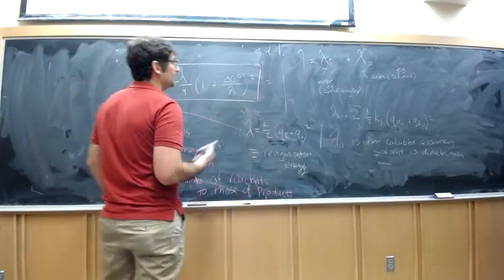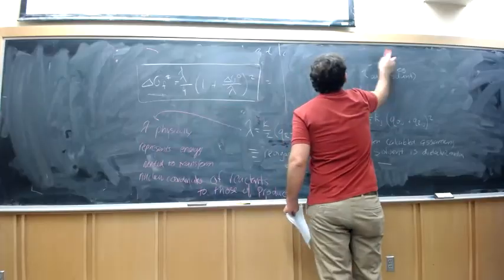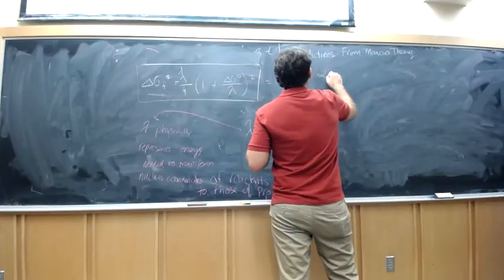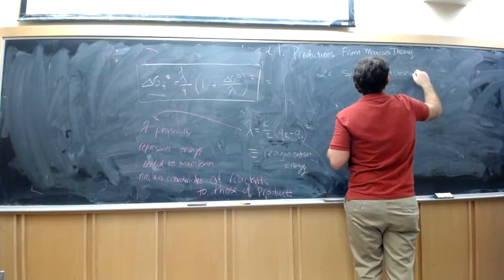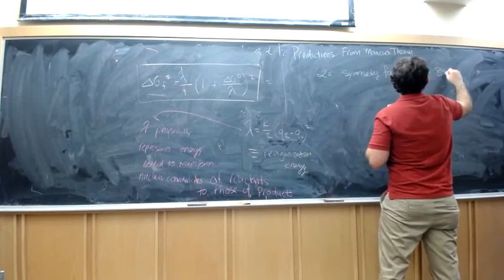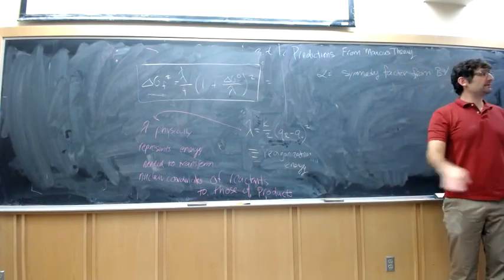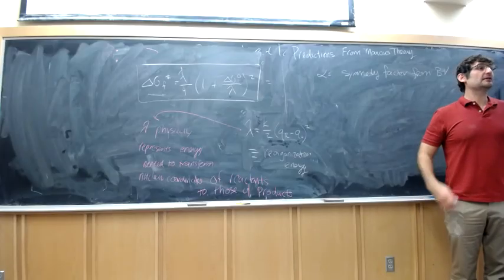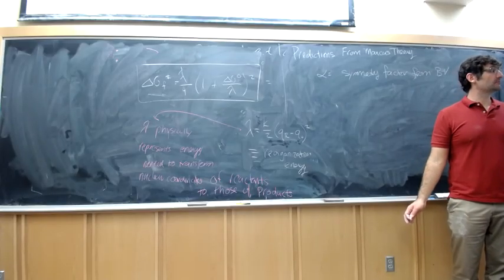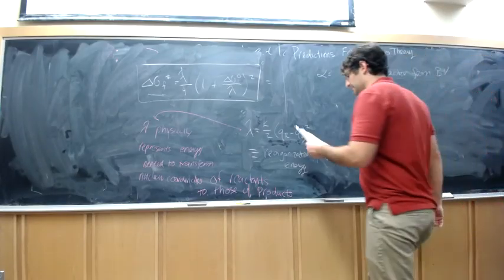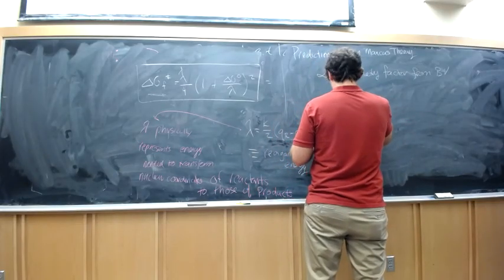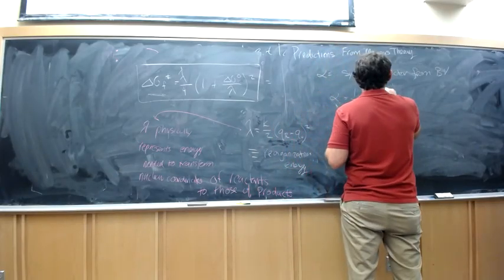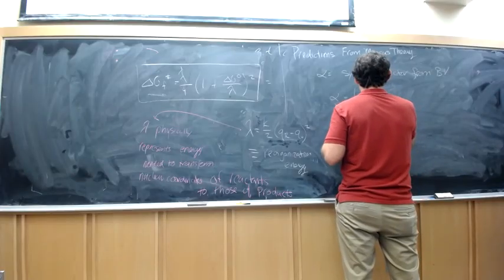We're going to look at a prediction from Marcus theory. So alpha is the symmetry factor, right? From Butler-Volmer. But now because we know the shapes of these curves and how they cross explicitly, we can actually estimate alpha. So alpha is going to be 1 over F dG double dagger dE.